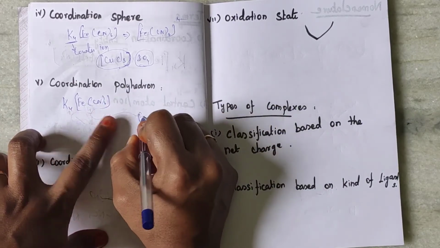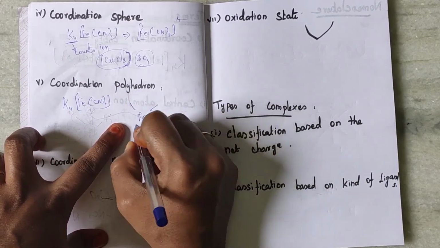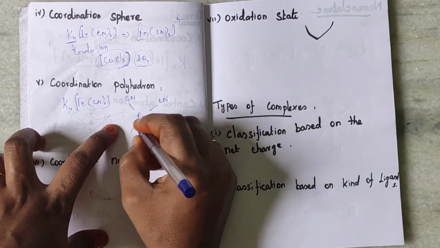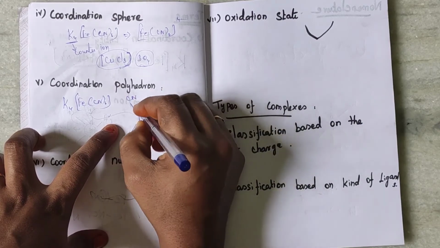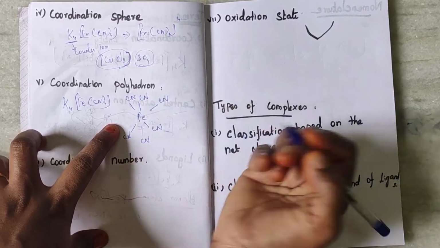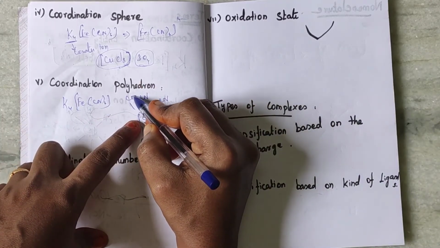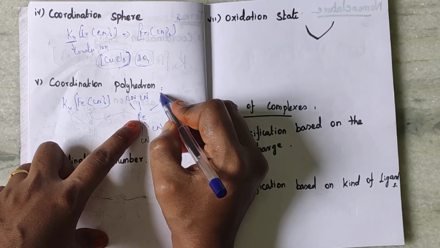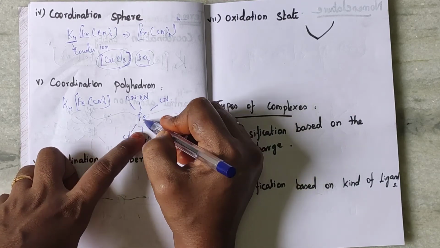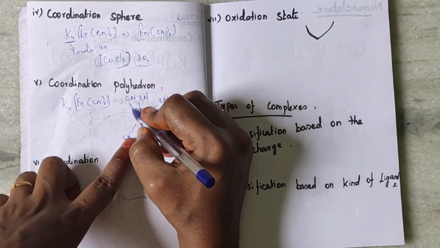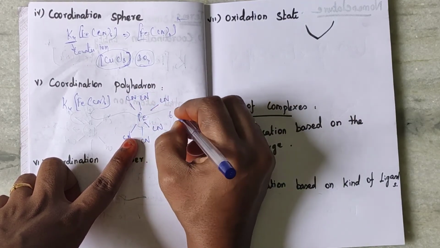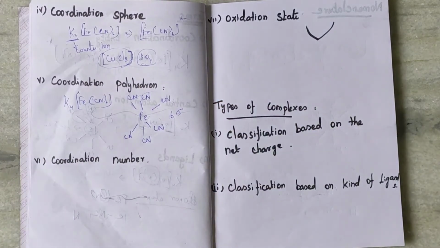Six cyanide ions are surrounded with the metal atom, iron. Each cyanide ion shares a single lone pair of electrons with the metal atom, so we form 6 single sigma bonds.